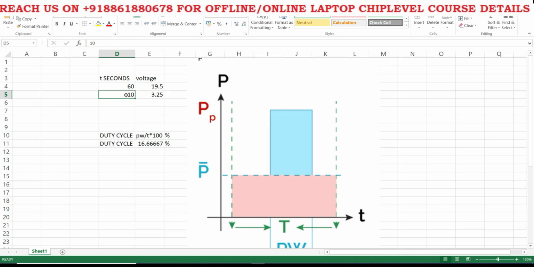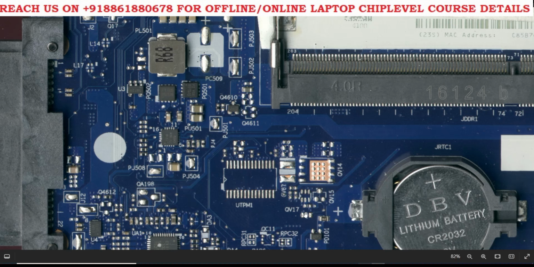In case we want 3.3, if I type 11, or 10.5, then we get approximately 3.4, or I'll type 10.45. 3.3 we got. It means the high MOSFET will be on till 10.49 seconds. Then only we will get the output 3.3.